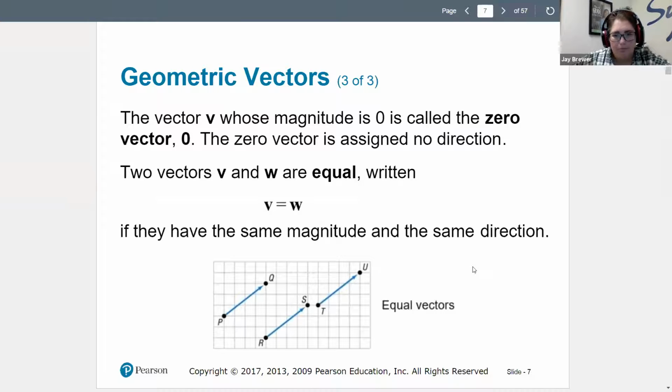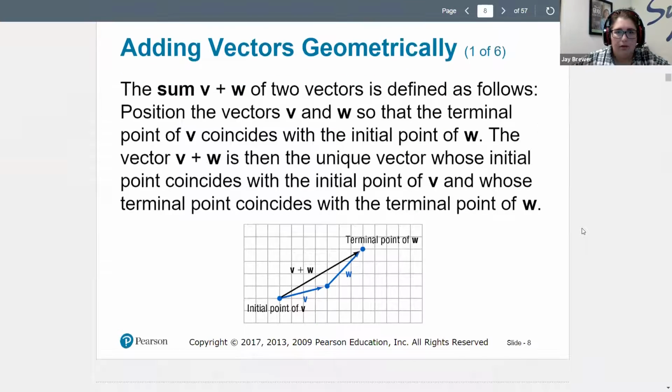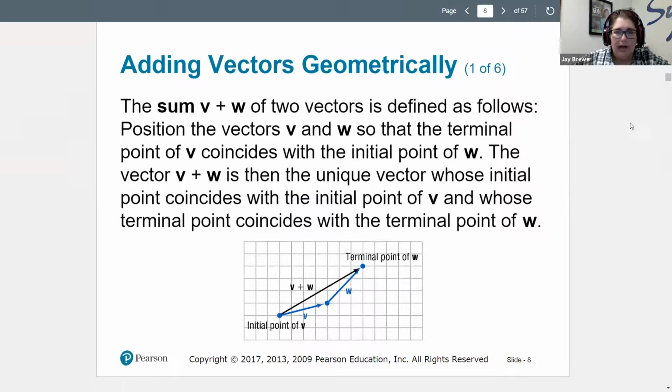Okay. Any questions on geometric vectors? That should basically have been a review for some of you. All right. We can also add vectors geometrically.